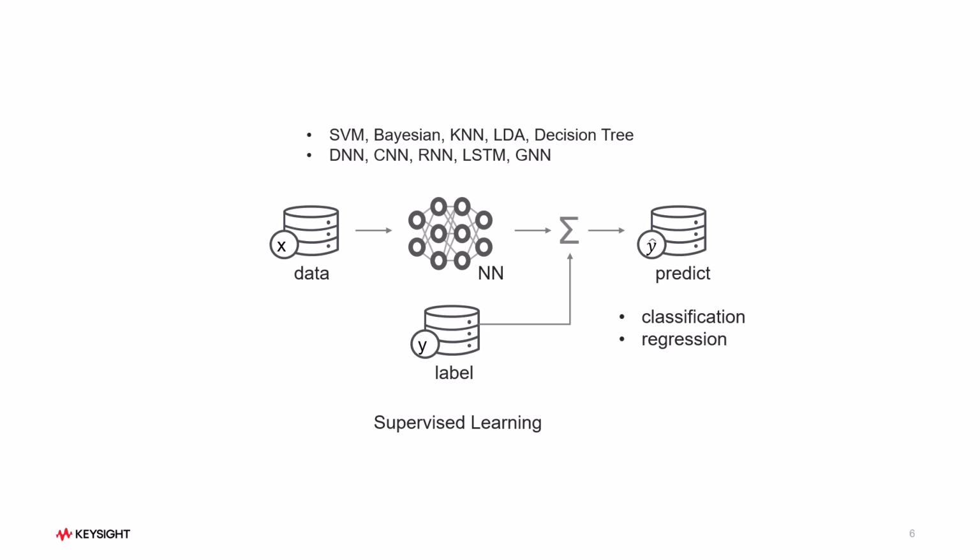In essence, you're trying to mimic the teacher's knowledge. This is perfect for tasks like classifying emails as spam or not, or predicting house prices based on various features. Supervised learning excels when you have clear labeled data and want to make predictions or classifications.